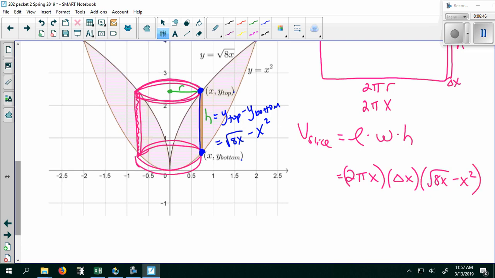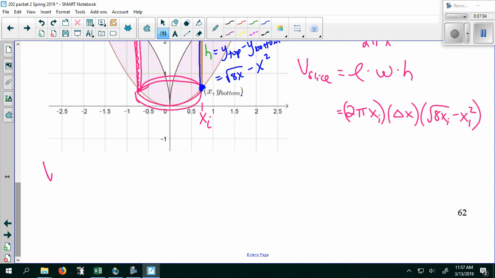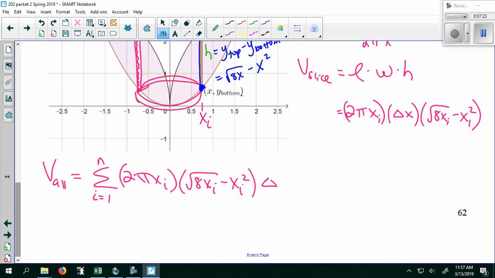And these are all at one specific x sub i location. This is just a single slice at a random location that I chose. We'll call x sub i. So I'm going to throw some i's on each of these x values here. And then I'm going to take the volume of all my slices, which is just a sum of n slices, where each slice has the volume 2 pi x i times radical 8 x i minus x i squared delta x.